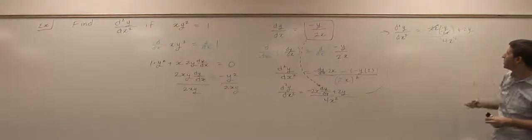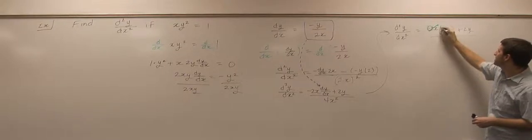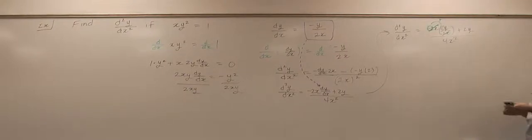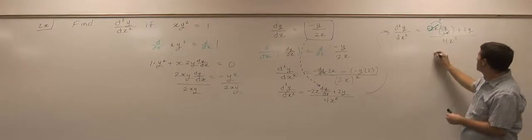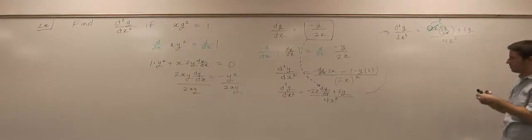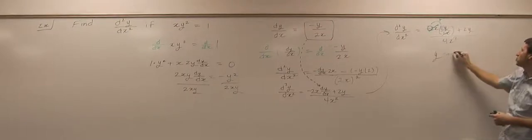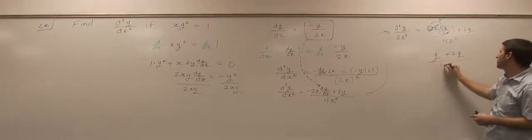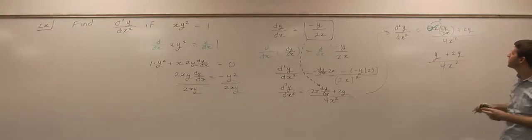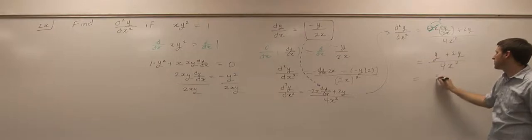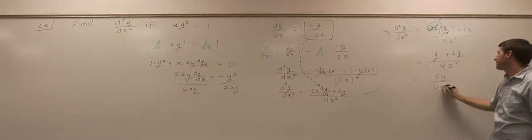The 2x's cancel. This minus and this minus become plus. So we have y plus 2y over 4x squared. 3y over 4x squared.